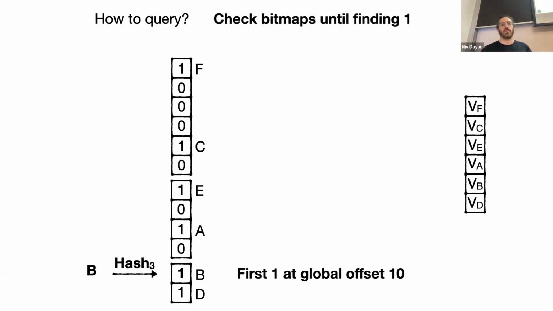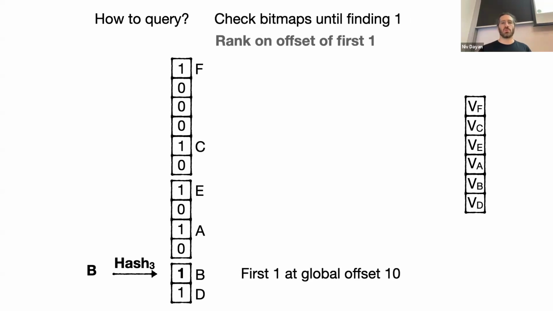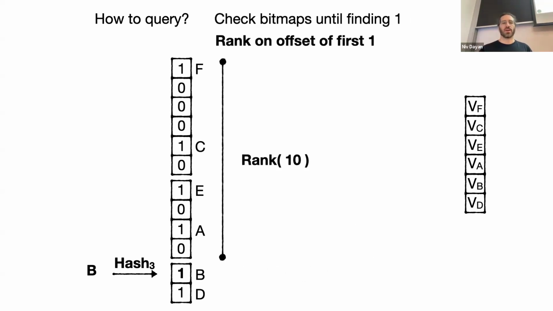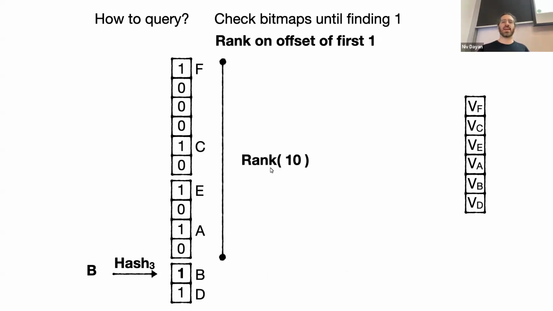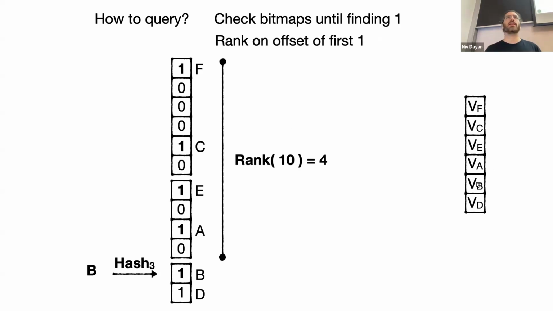So we know that the first one that we found for B appeared at global offset 10 of this bitmap. And we are going to take rank of 10 to count the number of ones before. And rank of 10 is going to return 4, and 4 is indeed the offset of this element B in the array of payloads.